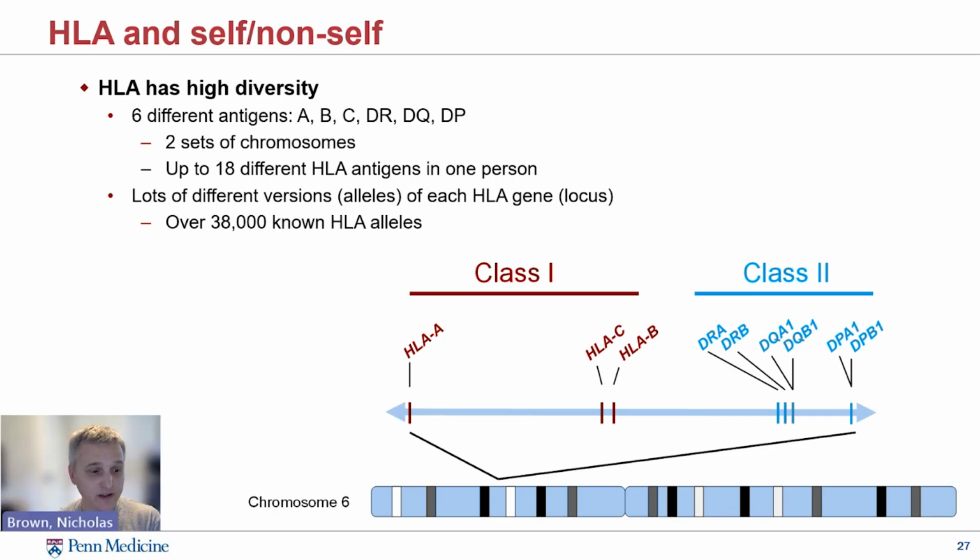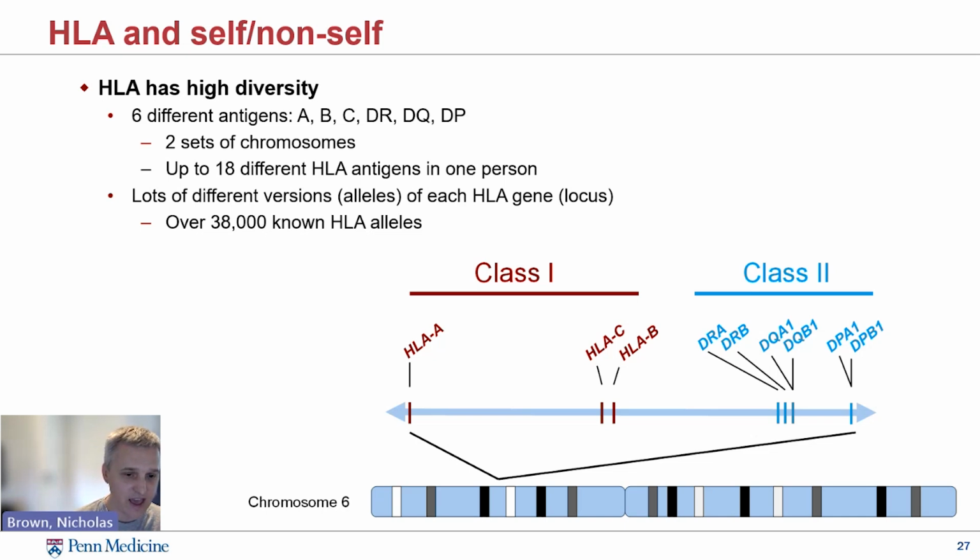All right, so this actually leads very well into the next topic, where I'm going to talk a little bit more about HLA self and non-self. I just brought up this point, but one of the things about HLA is it has incredibly high diversity. And that diversity comes in a couple of different ways. The first way is that there are 6 different HLA antigens, as they're known, or HLA proteins.